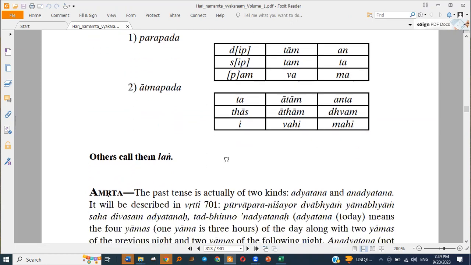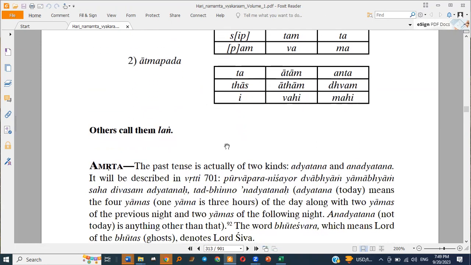So Anadyatana means, as Jiva Goswami and the commentaries explain, from 12 in the midnight, and then 24 hours from that, basically 8 yamas or the Ashtakal. That is considered a complete day.